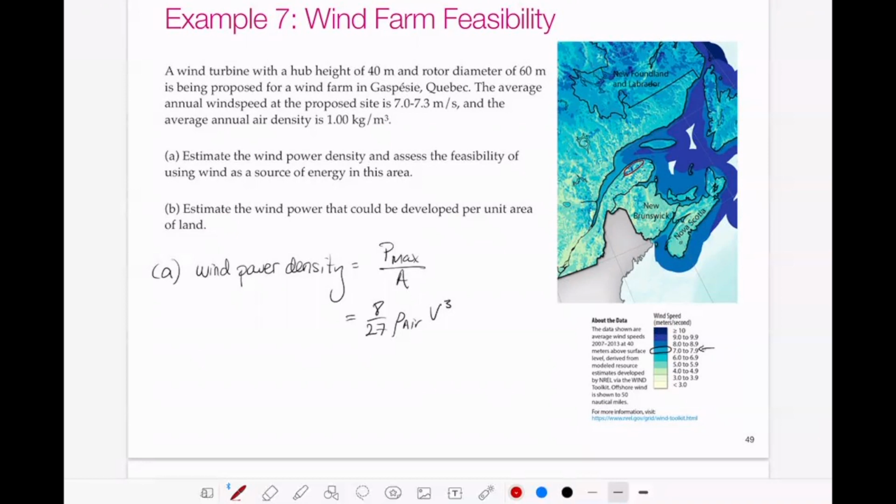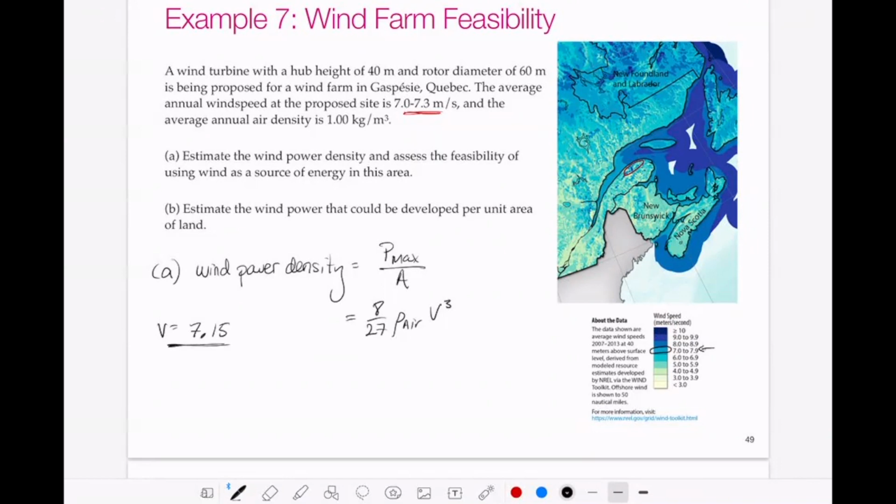So for the max power available, we have the density of air, and we just have to choose now which velocity. If this is our range that's given, then let's just choose the average. So let's say that V is equal to the average speed in that region. 7.15 would be the average between 7.0 and 7.3.